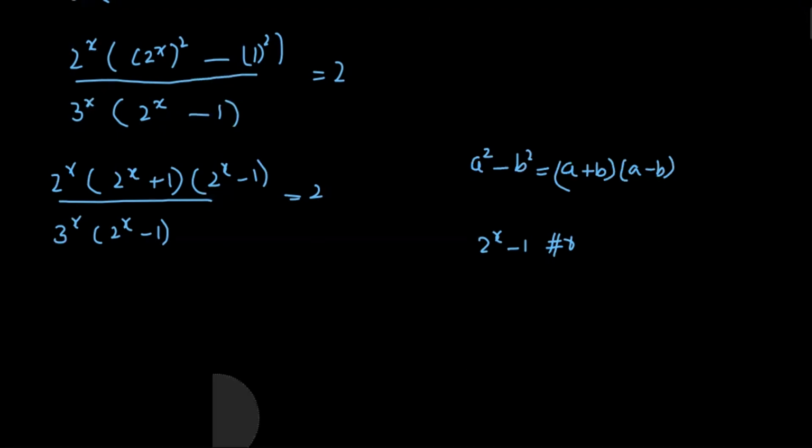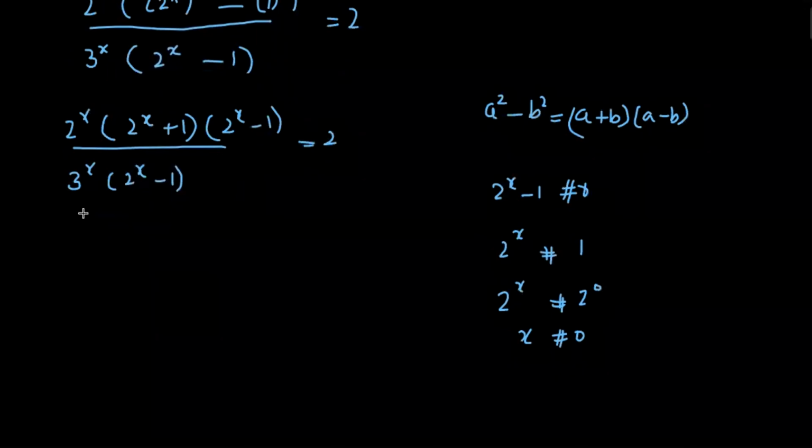Now we can write it as 2 power x does not equal 1, that is 2 power x does not equal 2 power 0, and that x does not equal 0. Therefore, x equal to 0 will not be included in the solution.